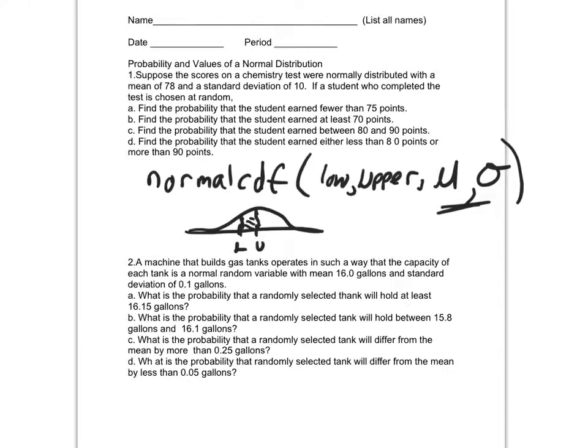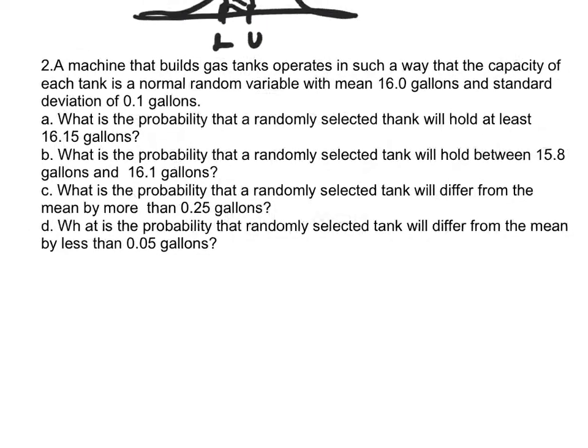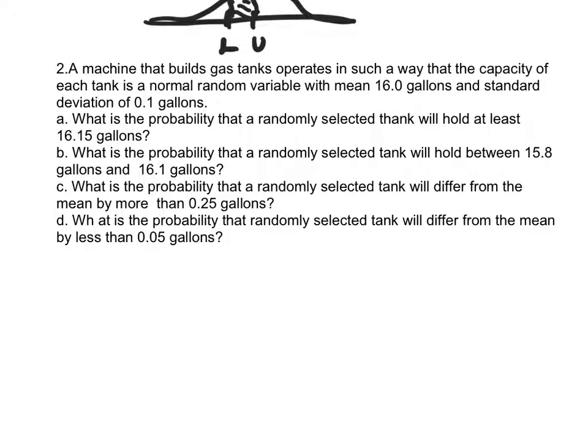Let me just do one right here just to show you what it would look like in 2A. What is the probability that a randomly selected tank will hold at least 16.15 gallons? So I draw my normal curve.